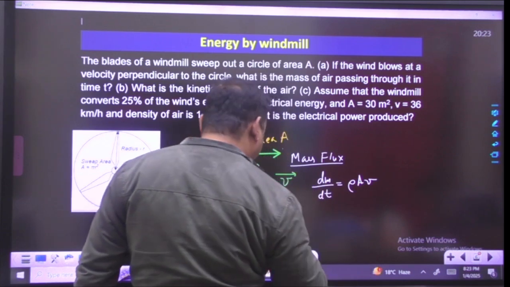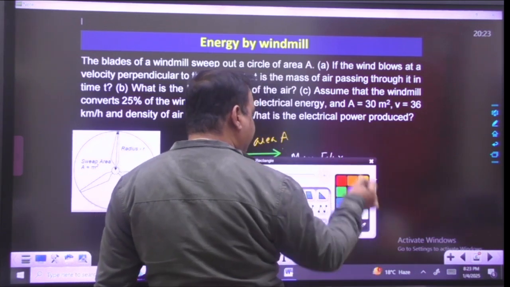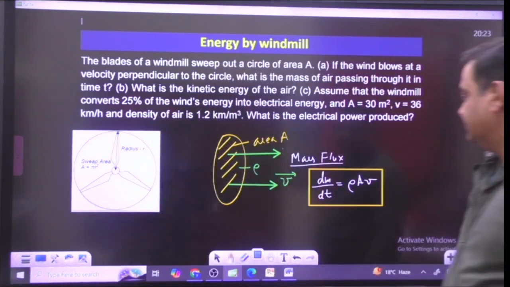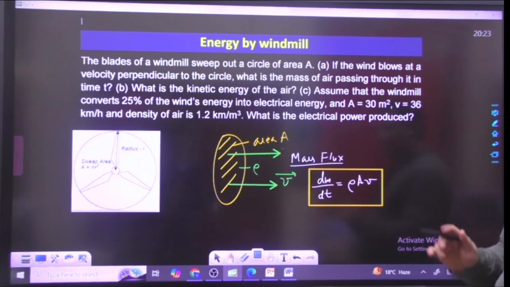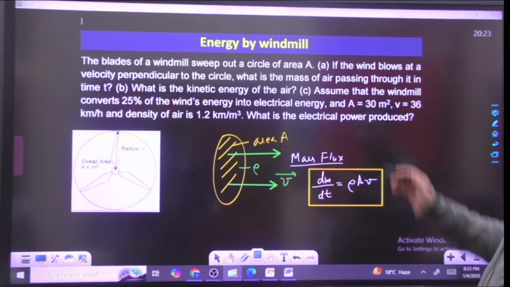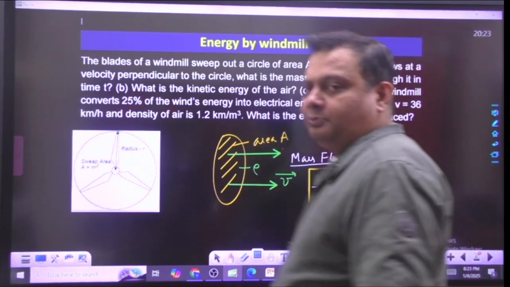That is the formula for the mass flux which we have derived in fluid mechanics, right? This is the mass flux of any fluid, liquid or gas, crossing a surface area A, where the density of the fluid is rho.